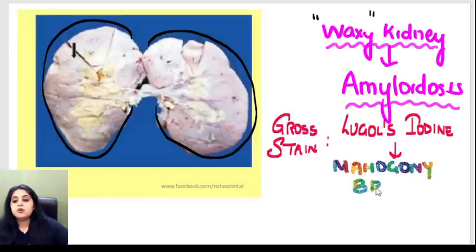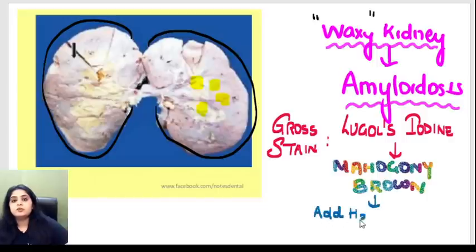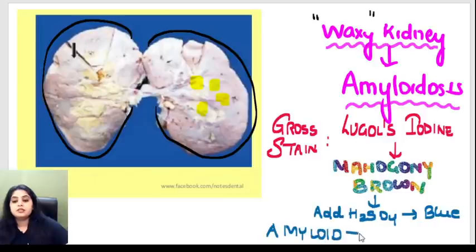So I take a dropper, I take a few drops of Lugol's iodine and I put it over here. If this has amyloid, I'll get a mahogany brown color. To that, I'm going to add H2SO4, sulfuric acid, and then it will turn blue in color. This will confirm or at least tell me that yes, amyloid is present.